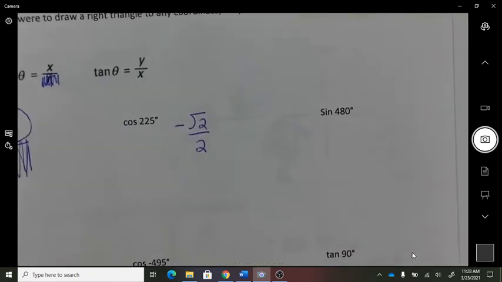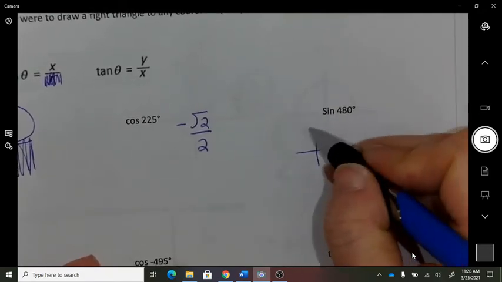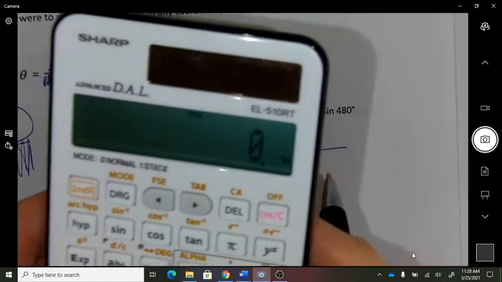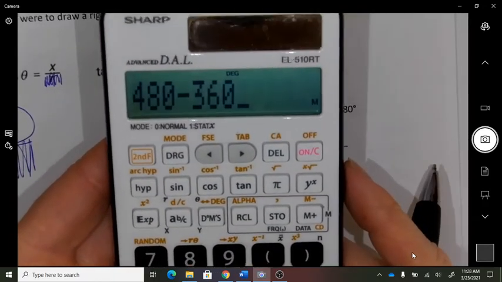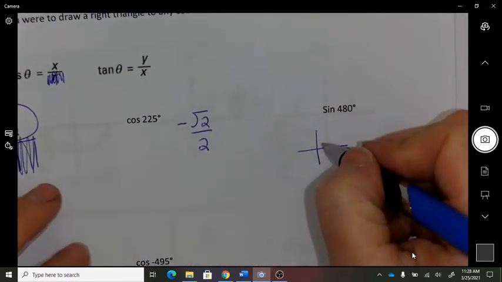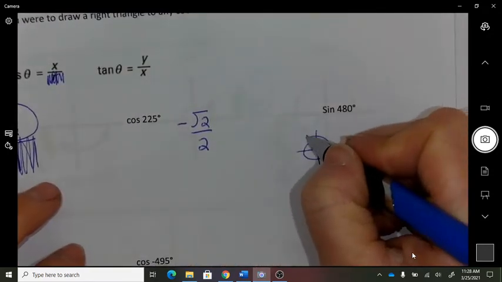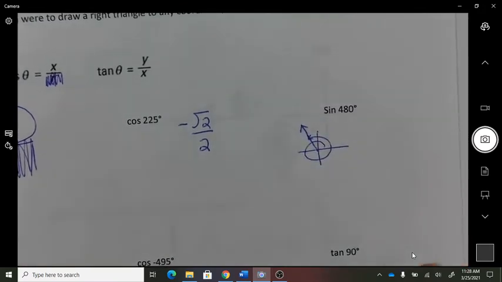Okay, sine of 480. Well, first of all, 480 is not on my circle. So what am I doing here? So you would have to say, if you went 480, how much have you gone past 360? So 120 degrees. So that's where you are.